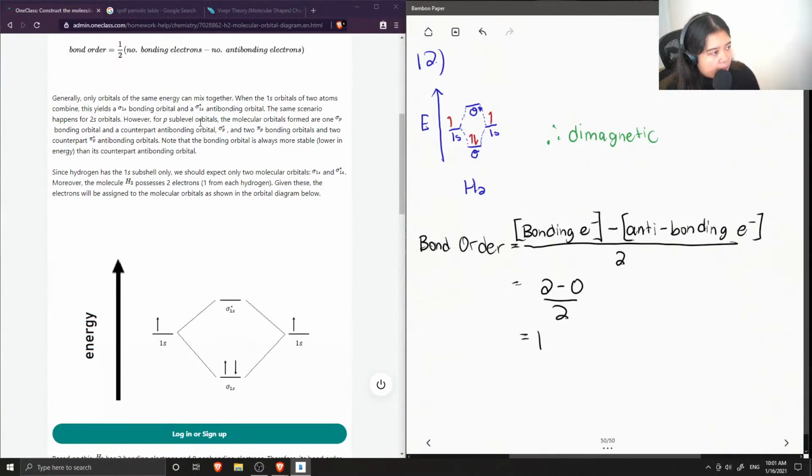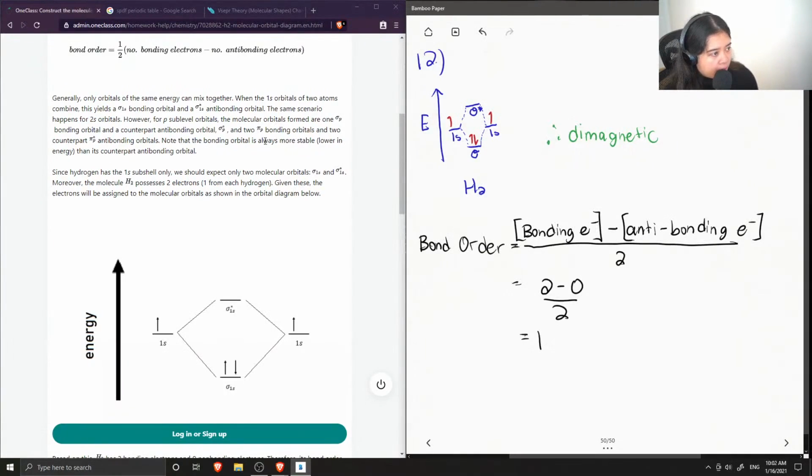However, for p sublevel orbitals, the molecular orbitals formed are one sigma bonding orbital and a counterpart antibonding orbital sigma star, and two pi bonding orbitals and two counterpart antibonding orbitals. So we didn't have to deal with any of these orbitals, since for hydrogen it only went up to the 1s.